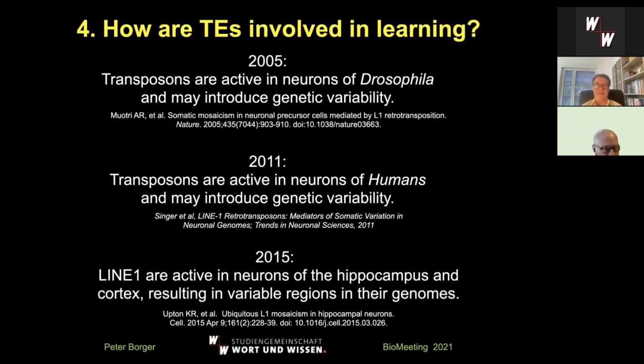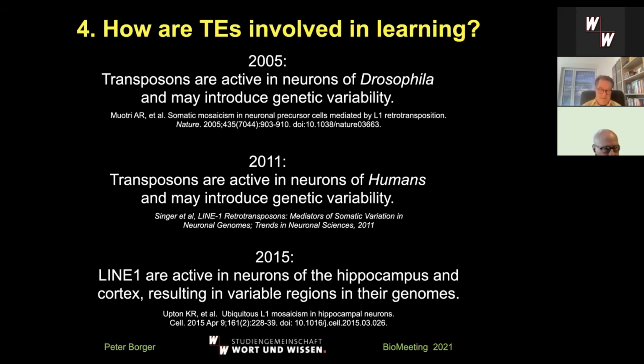So a lot of studies were then redirected into this, and a lot of studies in Drosophila confirmed this variability in the neurons induced by L1. L1 we have already discussed, LINE-1. This is one of these transposable elements that we find in all eukaryotic organisms.